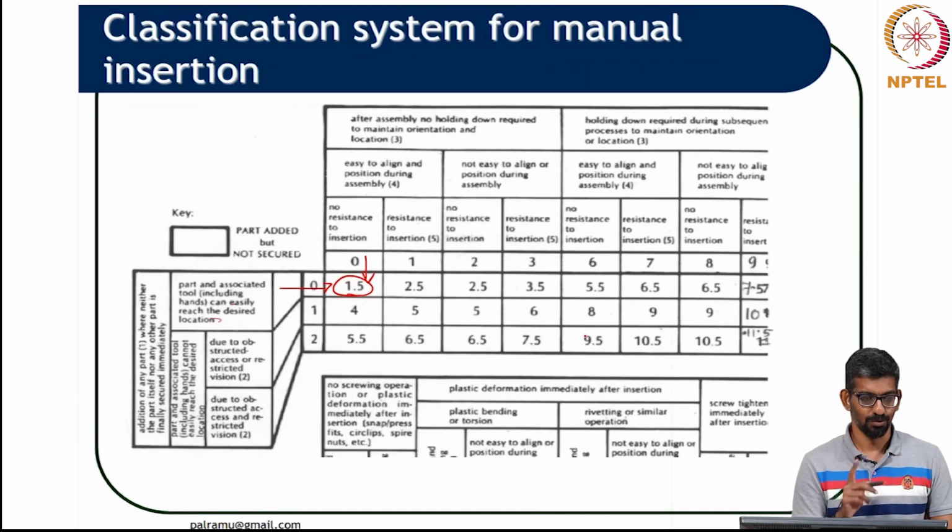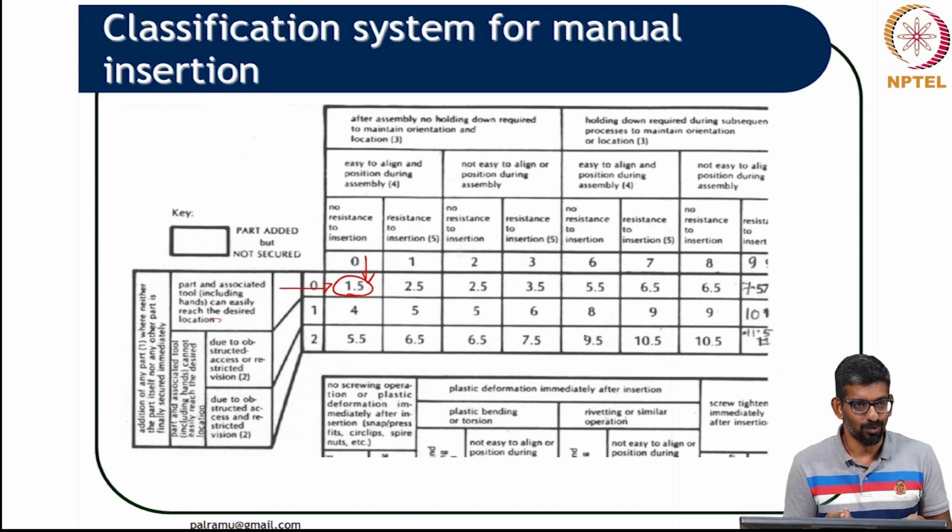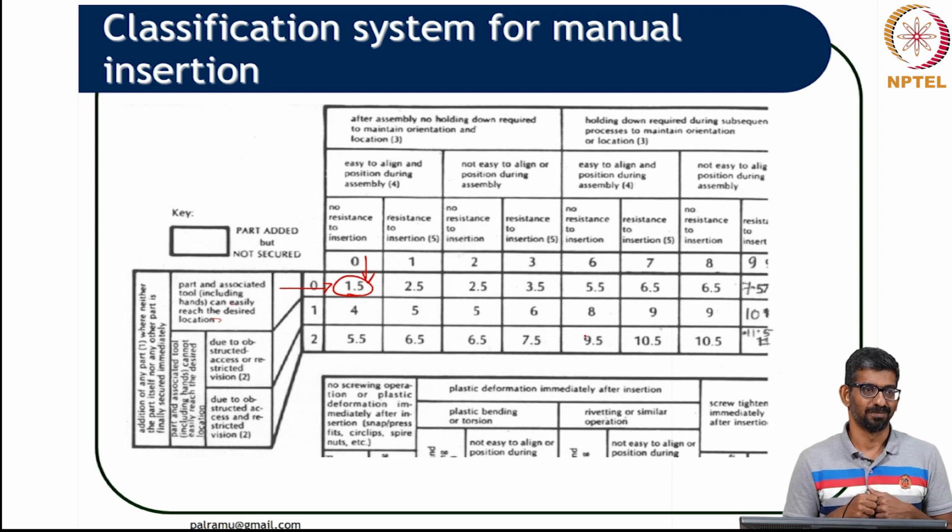Be careful. The screw is what is going to make it secure. Just because you put the strap, it is not secure. The strap will enable it, but finally the screw is the one that does the job. So the part is added, but it is not secured, because the screw is a different part and tightening the screw is a different action.